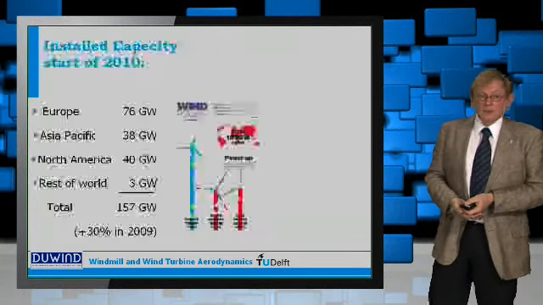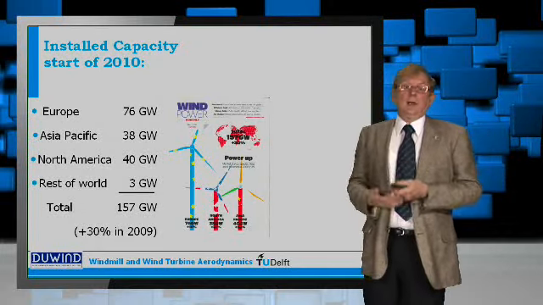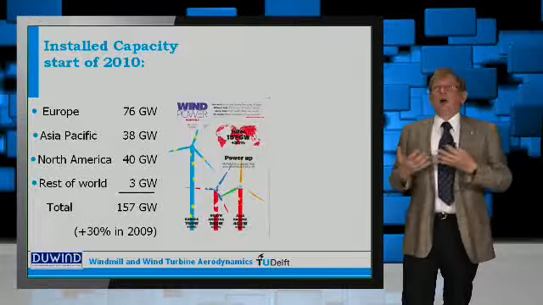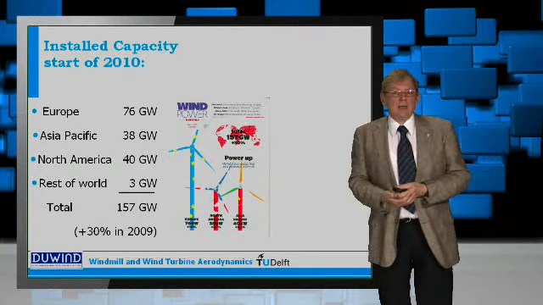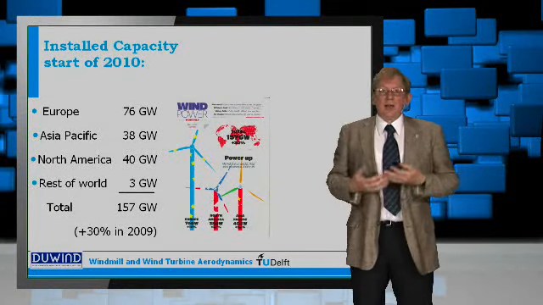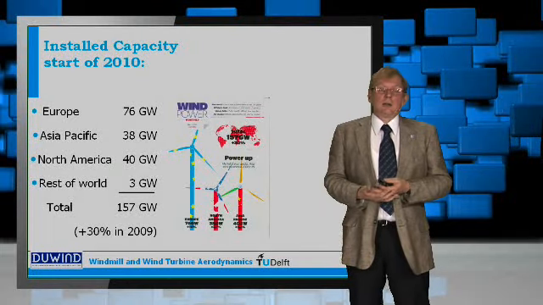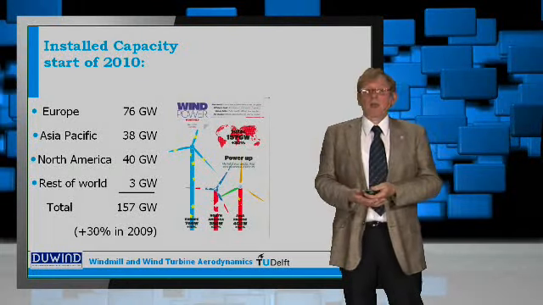It's huge, isn't it? Okay, in fact the same holds for the increase of capacity of wind all over the world. What we have seen is, over the past 20 years, a 30% increase each year of the capacity. That means that every 3 years we have a doubling of the capacity.